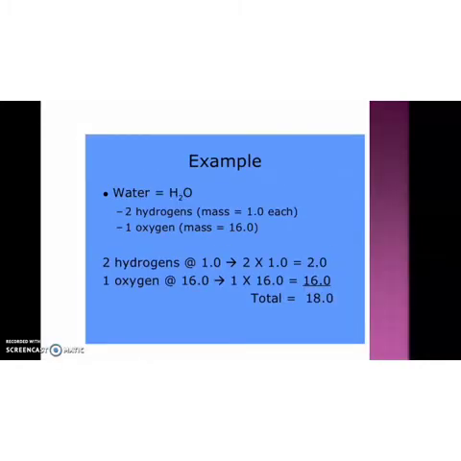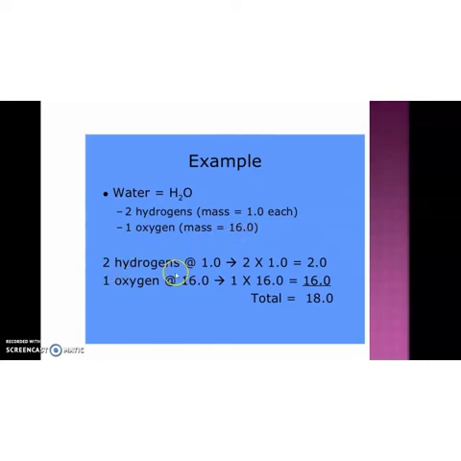Let's look at an example of how to find the percentage composition of a compound. For example, the water molecule. We know the molecular formula of water is H2O. There are two hydrogen atoms and one oxygen atom present. The mass of a hydrogen atom is 1 and the mass of an oxygen atom is 16.